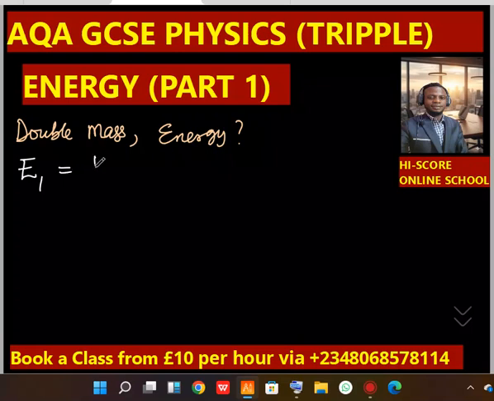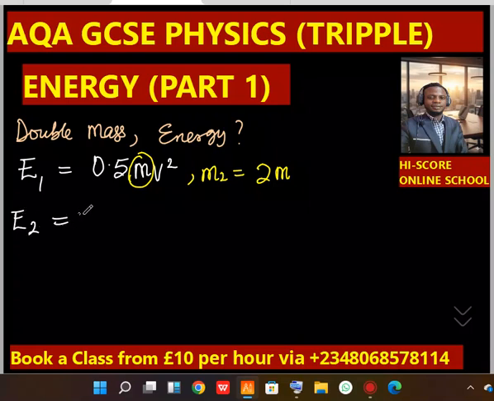E1 is equal to 0.5 mv squared. So if we double this mass, so that m2 becomes 2 times the initial mass m, and we replace it here, we have the final energy after the mass is doubled, which is 0.5 times 2m times v squared.